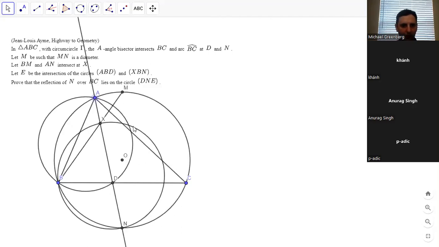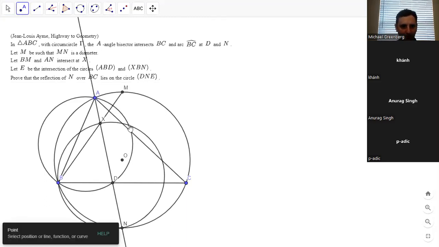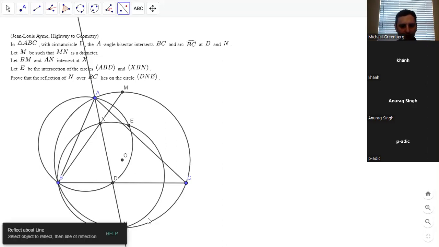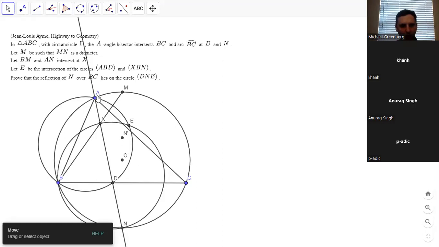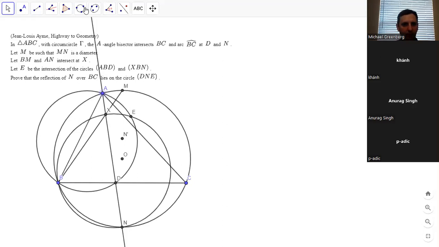And these two circles are supposed to intersect at point E. So that's point E. We want to show that the reflection of N over BC lies on the circumcircle DNE. So if we let N prime be the reflection of N over BC, we want to show that D, N prime, E, N is cyclic. Let's check if that's true.